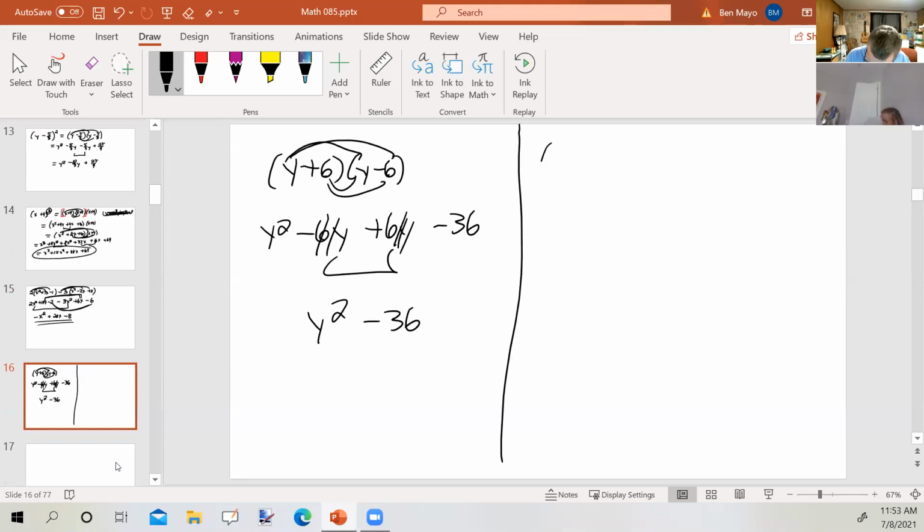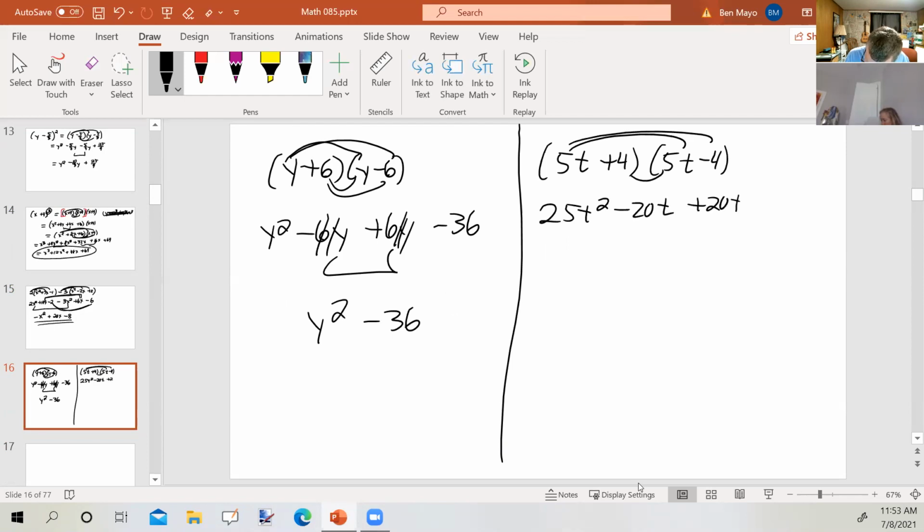Let's take a look at another example. 5t plus 4 times 5t minus 4. So we get 25t squared minus 20t plus 20t minus 16. Again, combining like terms, the middle terms cancel each other out.